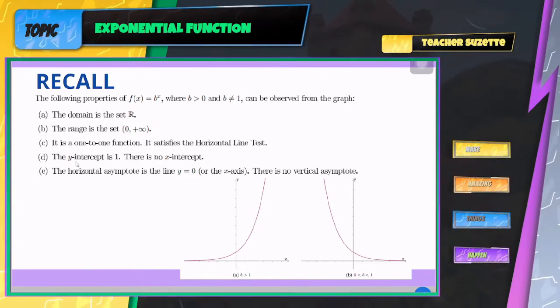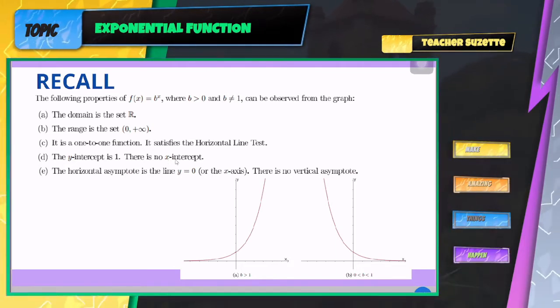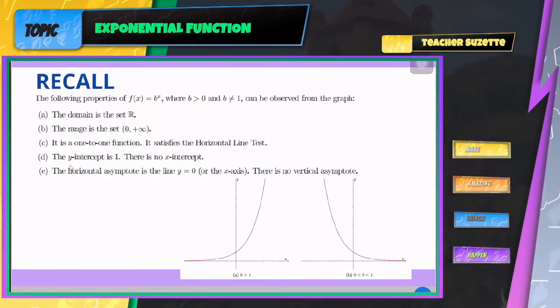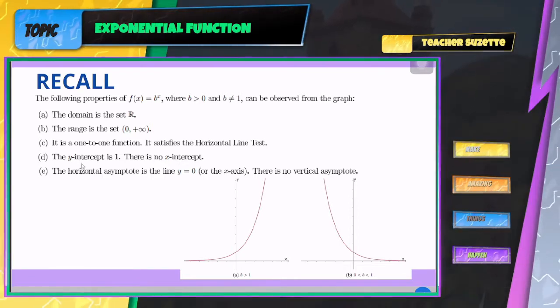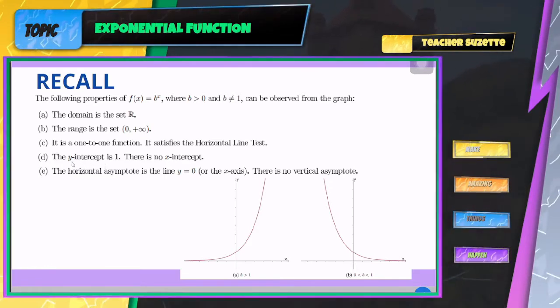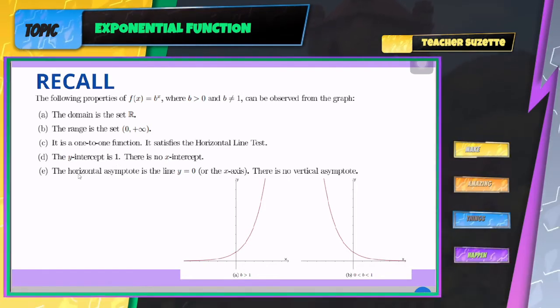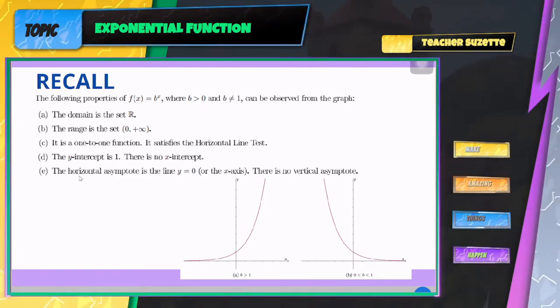And when we graph last time, we have seen that there is no x-intercept, so therefore there is no 0, and your graph intersects your y-axis at point 0, 1, or your y-intercept is 1. And for the asymptote, we have only one asymptote, which is the horizontal asymptote.